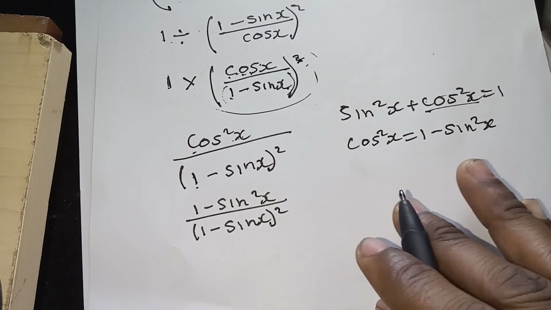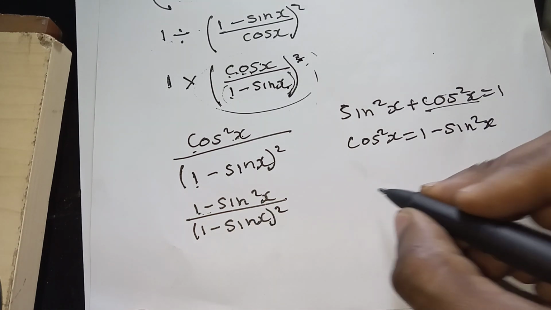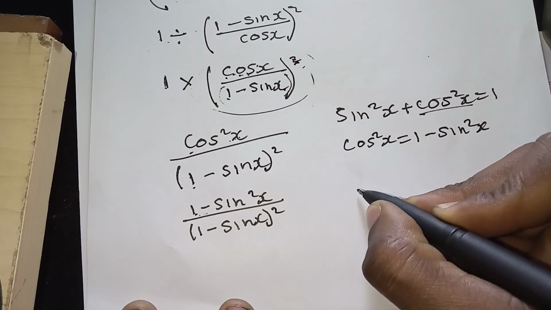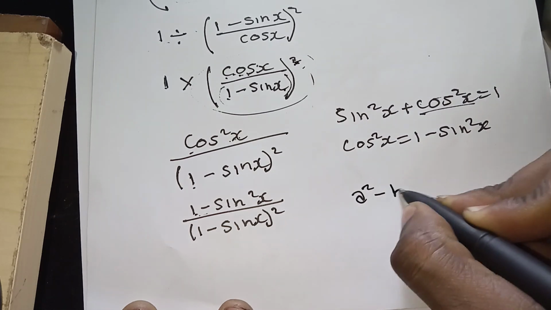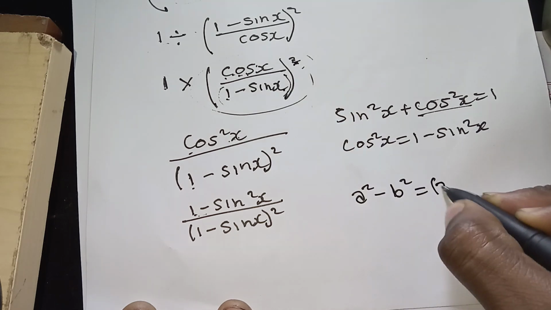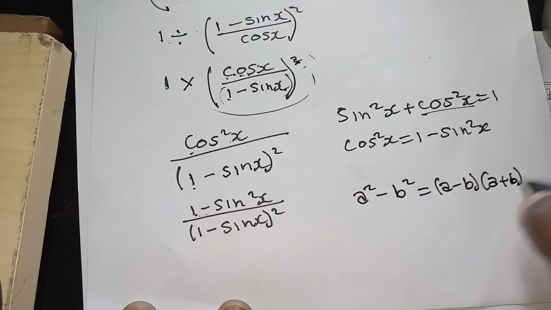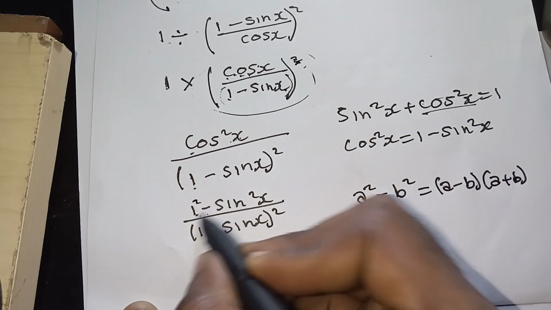Okay, so we can factorize this using the difference of two squares, which states that when you have a squared minus b squared, this is the same as a minus b and then a plus b. So this is like 1 squared.